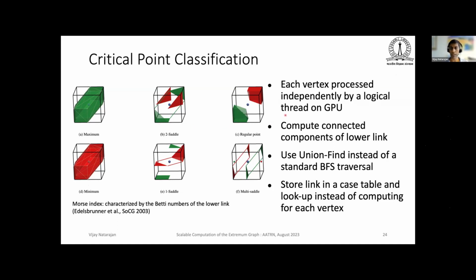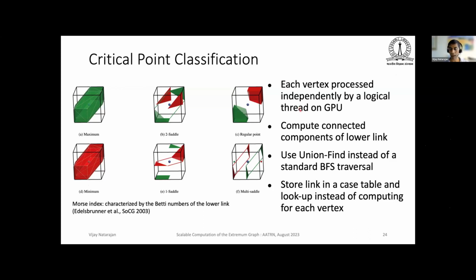This is essentially computable quickly on the GPU. It may seem embarrassingly parallel because every vertex can be processed independently by assigning a logical thread to each vertex on the GPU. However, there are several other GPU optimizations that need to be taken care of in order to ensure that this computation scales with the number of vertices.